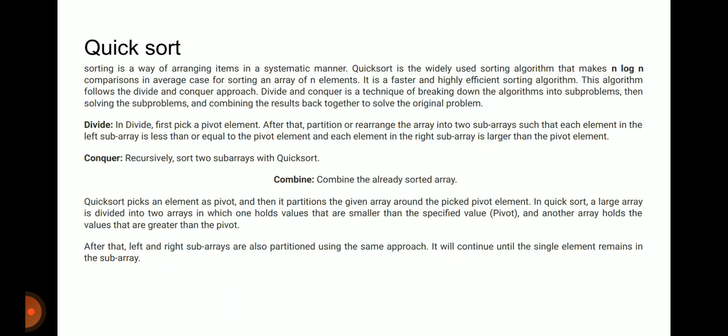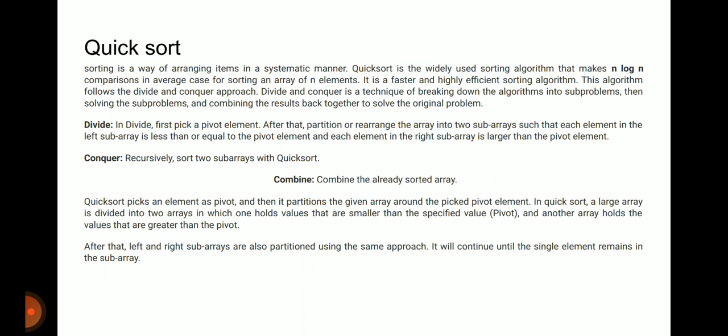After that, partition by rearranging the array into two subarrays such that each element in the left subarray is less than or equal to the pivot element, and each element in the right subarray is larger than the pivot element. Conquer: sort the two subarrays with quicksort and combine the already sorted arrays.